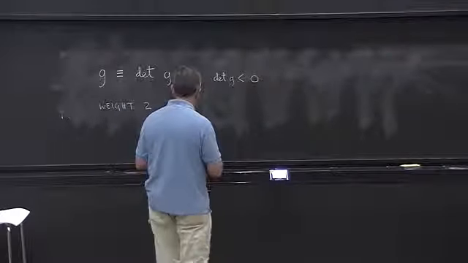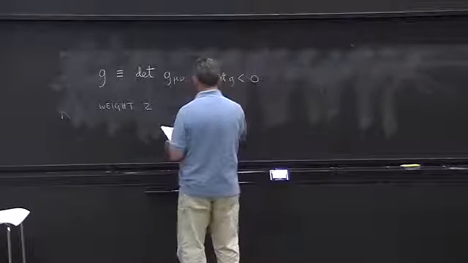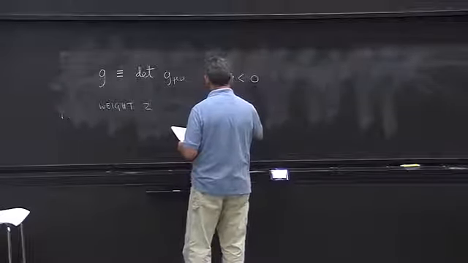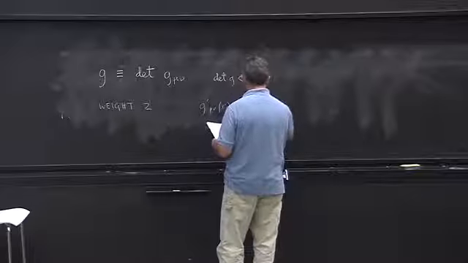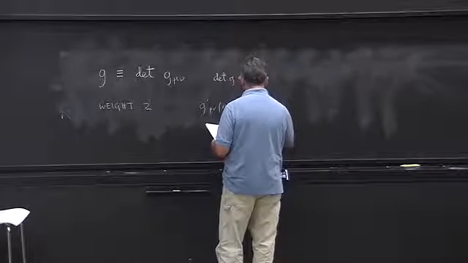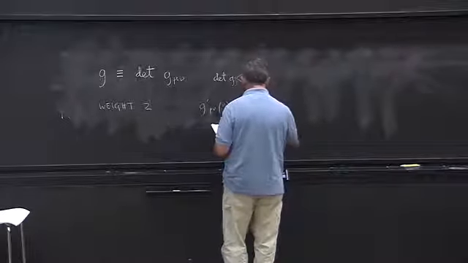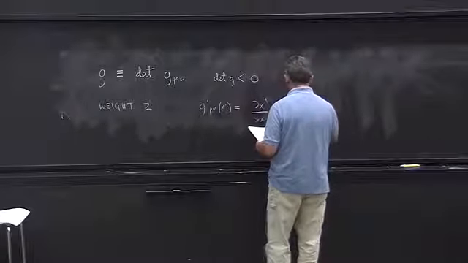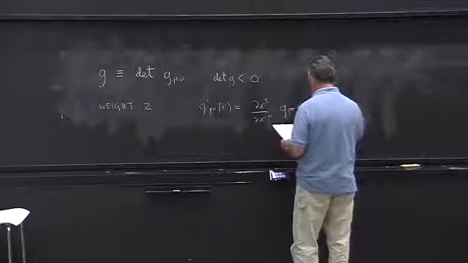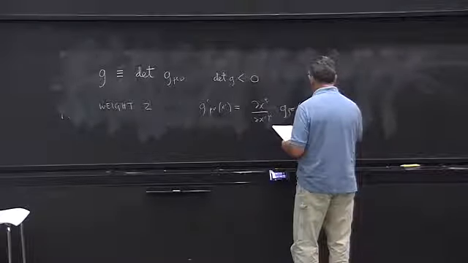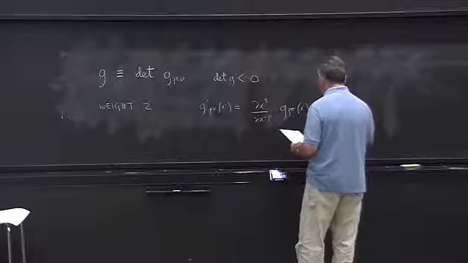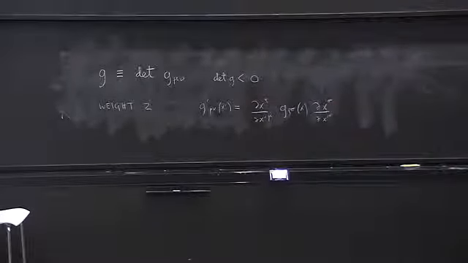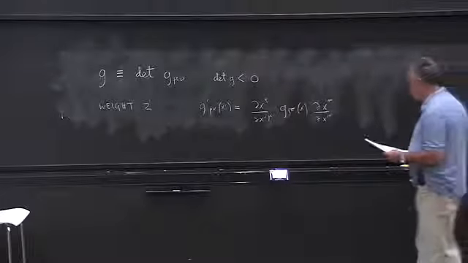How do we see that? Well, you remember by definition g prime mu nu of x prime is dx rho by dx prime mu, g rho sigma of x, dx sigma by dx prime nu, and I've written it in this way to suggest matrix multiplication.